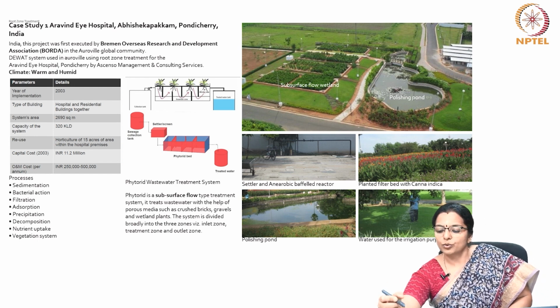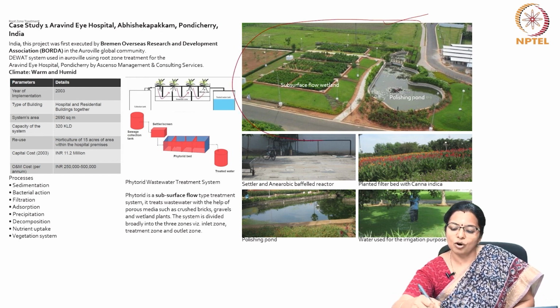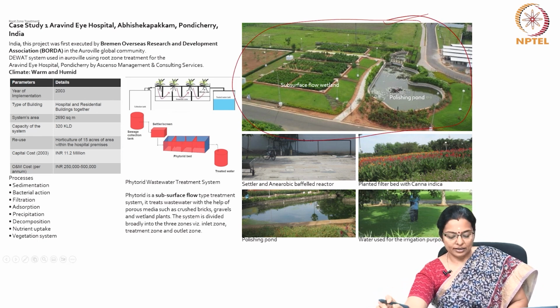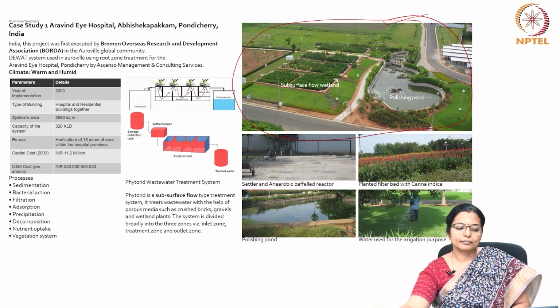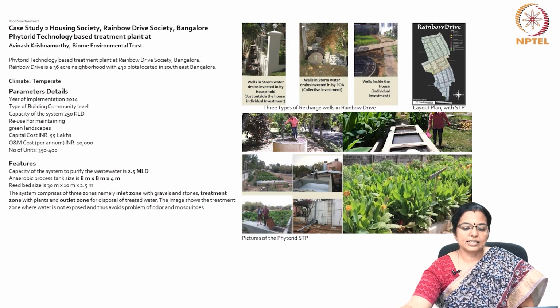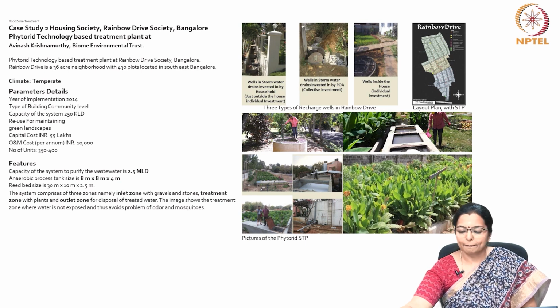From this picture you can see that there is no trace of a sewage treatment plant when you look at this root zone treatment. The second case study is again at Bangalore. Avinash Krishnamurthy Biome Environmental Trust has done this with a phytorid technology based treatment plant.